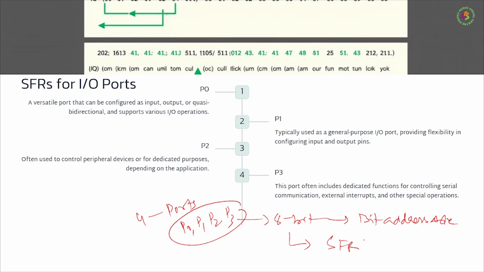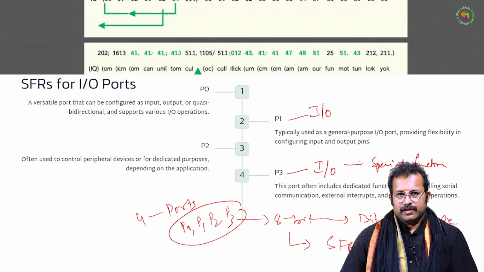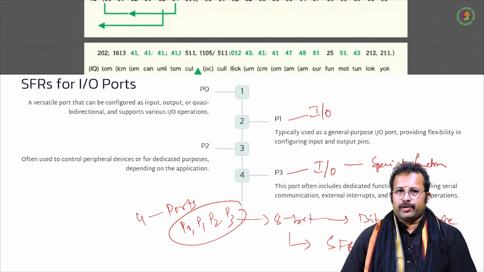Port 0 and port 2 are generally used as bidirectional input and output ports, and sometimes they are used for connecting external memories. Port 1 is used exclusively as a bidirectional IO port, and port 3 is used as an IO port which also has special functions. We will have exclusive sessions on timer operation, serial operation and port operation in the upcoming sessions.